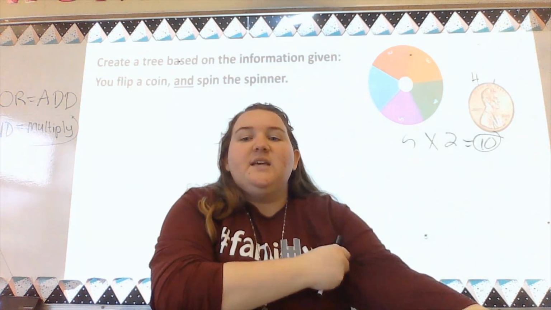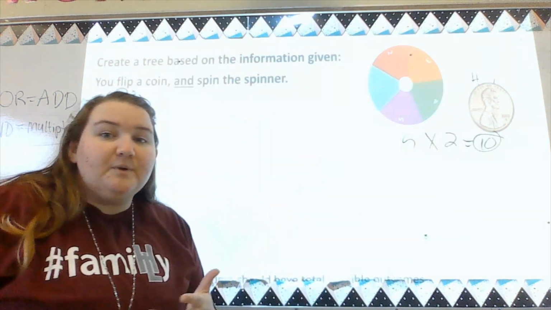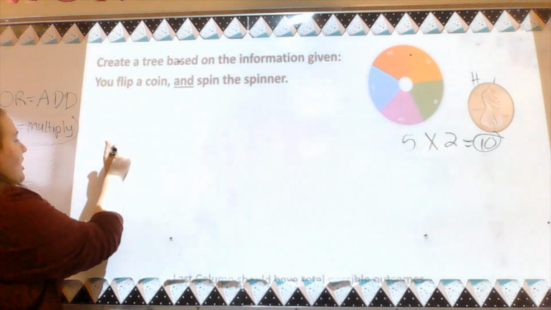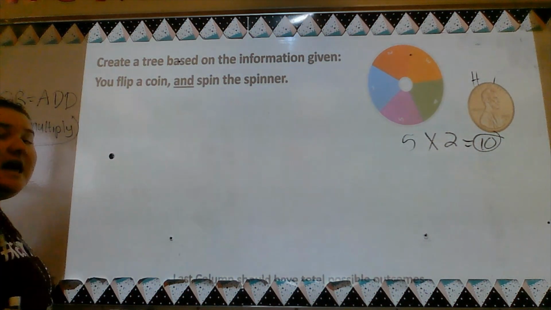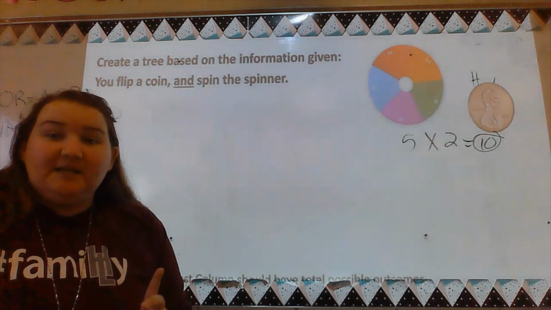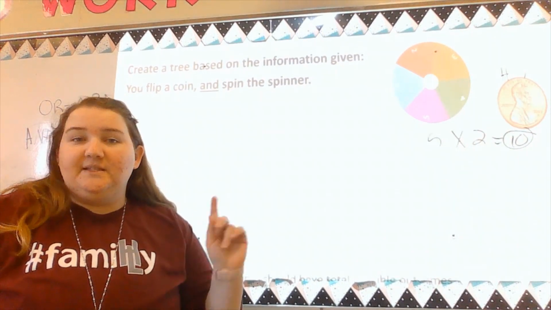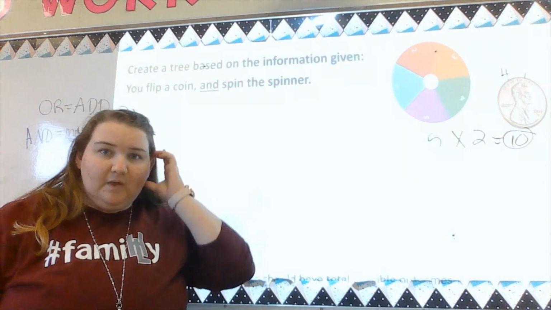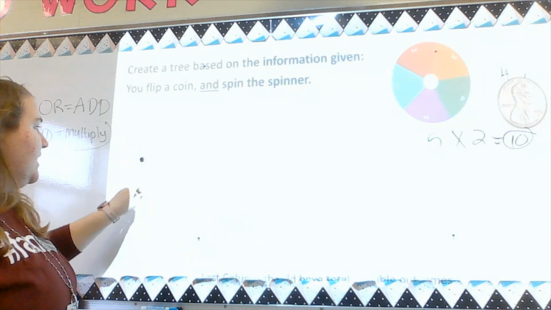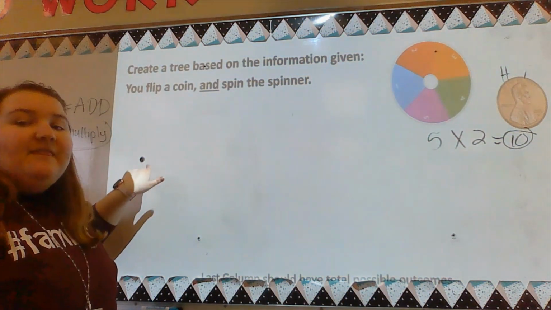So start with your trunk. What I want you to do on your paper is you're going to start by putting a little dot. This lesson in particular, you need to take notes. So if you don't have paper out right now, you need to pause the video and go get paper, okay? Okay, so we start with our tree trunk. Then we look at our first event.